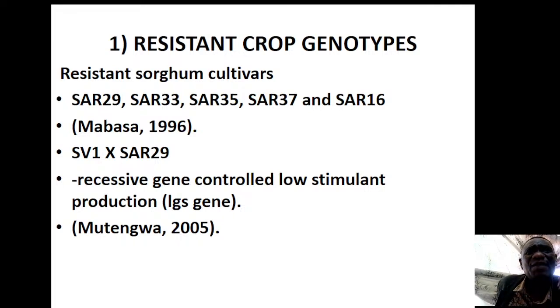But these parasitic weeds won't appear from November, December, January. You won't see these parasitic weeds. You can even go up to February without seeing parasitic weeds in our fields.